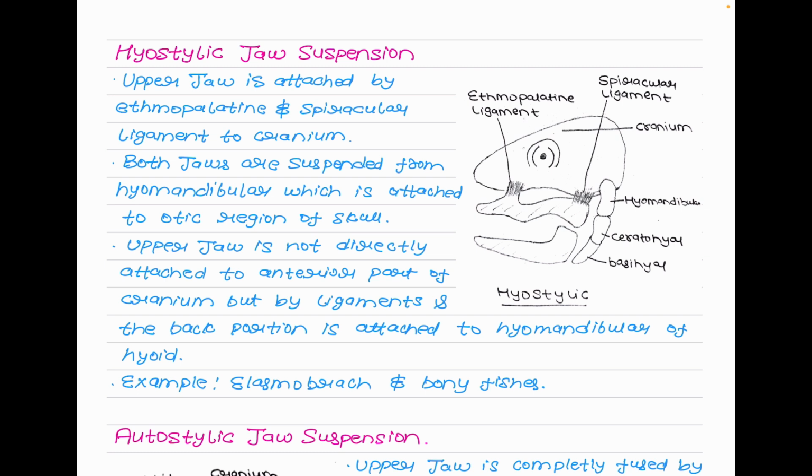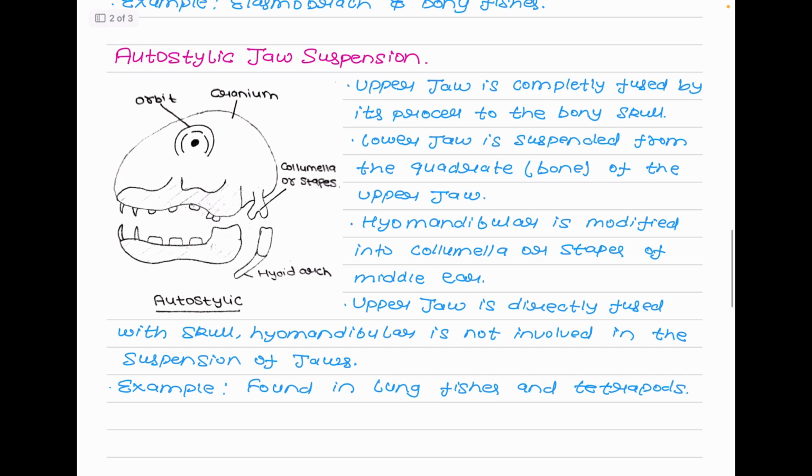The lower jaw is also supported from the posterior side by the hyomandibular. This type allows greater mobility of the jaw, ideal for suction feeding and jaw protrusion, and this is found in elasmobranchs, which are sharks and rays, and many bony fishes.